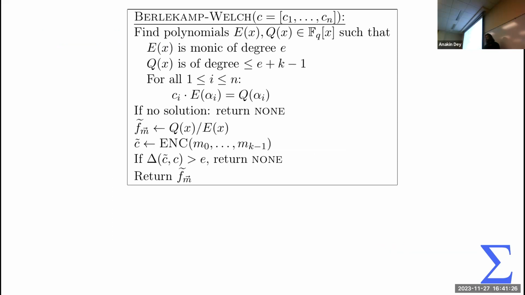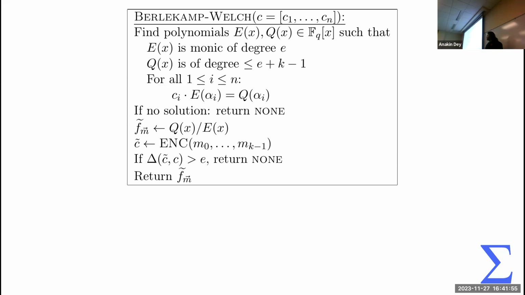And that's all the algorithm is. The algorithm is to find the polynomials using linear algebra. It's the linear algebra you learn in 257 or 416 or whatever. It's literally just set up the matrix and solve the system of equations. If there's no solution to this system, then return none.